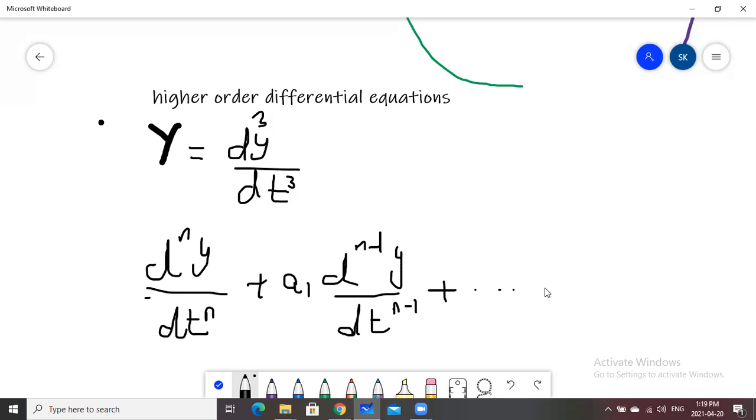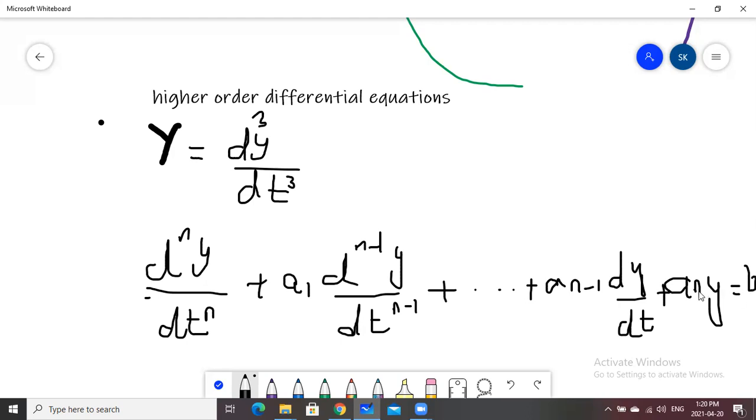And in the end, we will get a_(n-1), the last coefficient, with the first order derivative dy by dt, that is a_(n-1) dy by dt, plus a_n y, is equal to b.